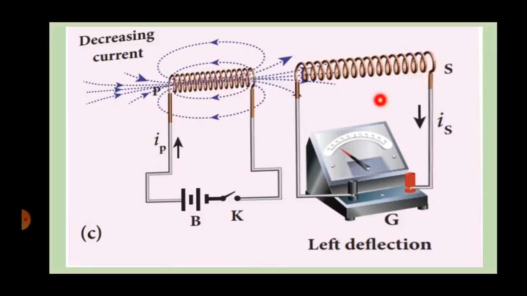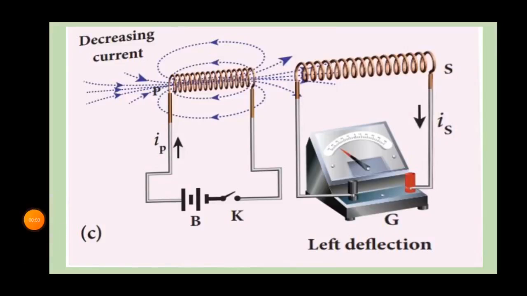This causes the deflection in the galvanometer in the opposite direction. Are you clear? So there is deflection in the galvanometer whenever there is a change in the primary circuit, that means the primary current IP.